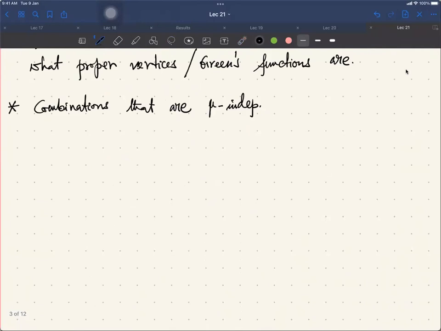So let me write them down here. Lambda mu to the power epsilon times z lambda, which is given by mu to the power epsilon times lambda plus so on. This I'm writing in the MS scheme.